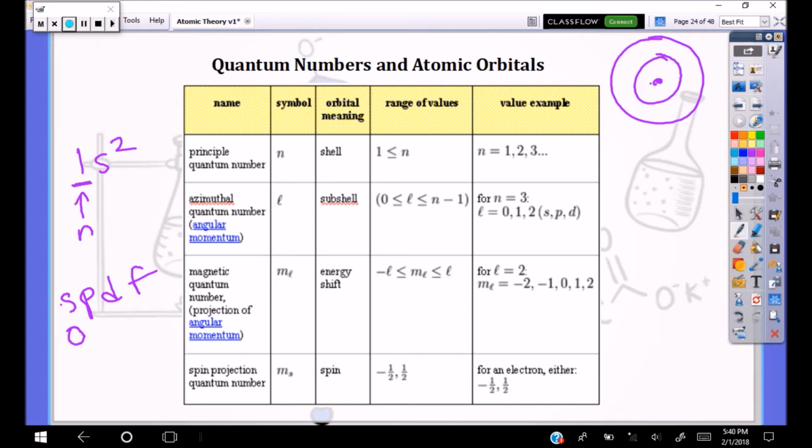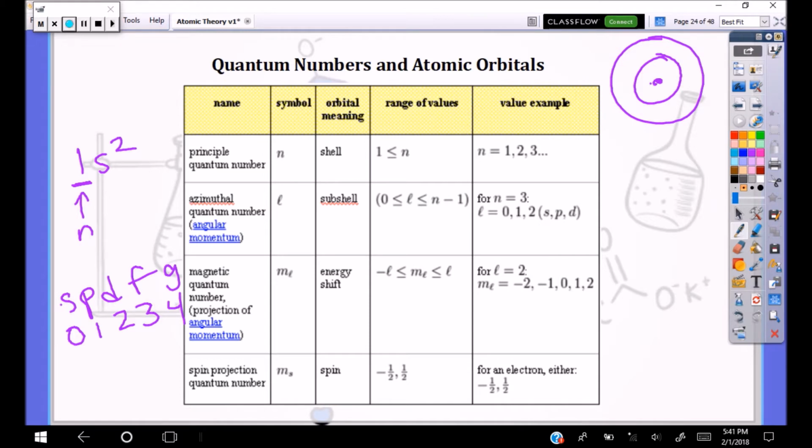It's represented by the letter L, and we always start by assigning 0 to S, and then we work our way up. So we assign 1 to P, 2 to D, 3 to F. If we went up to G, we could start doing a 4 or a 5 for H. It just keeps going up and up and up. There are more orbitals than just S, P, D, and F. It actually goes in alphabetical order from G on up.